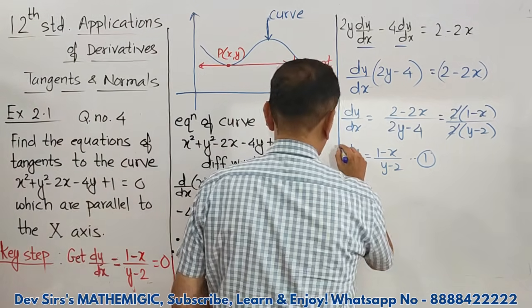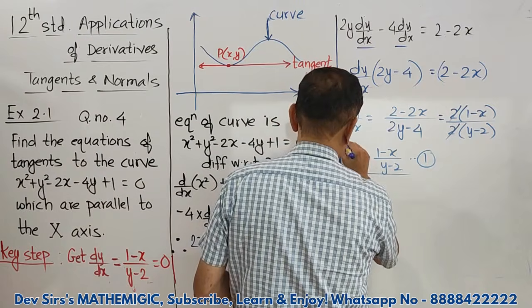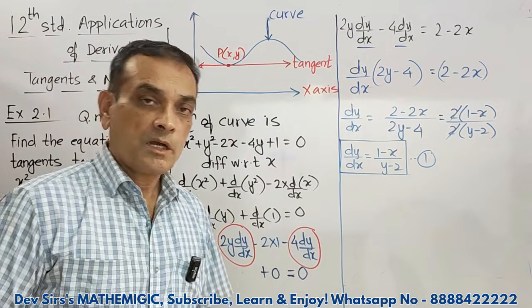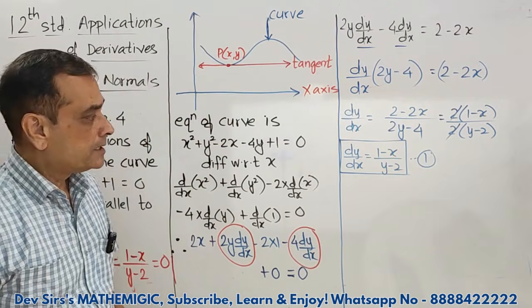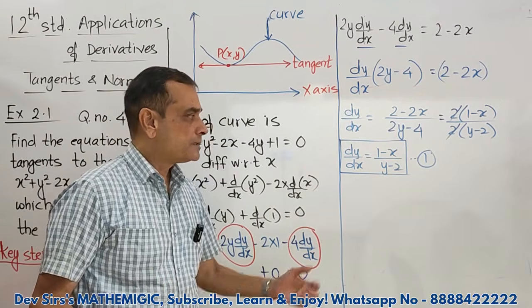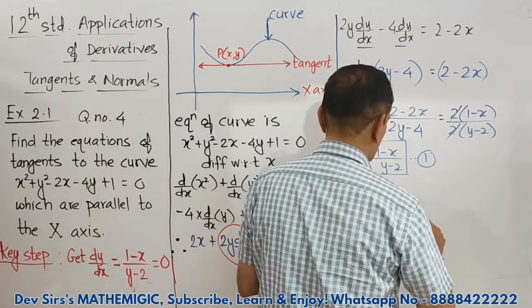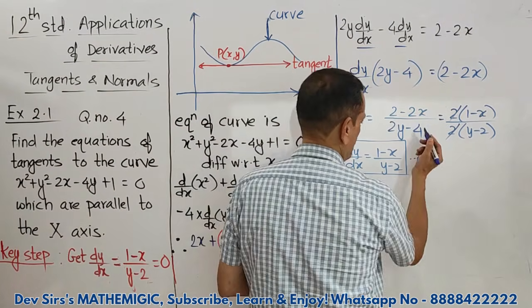Let me mark it. That gives us the slope of the tangent. dy by dx means slope of the tangent, so I'll call it as m.